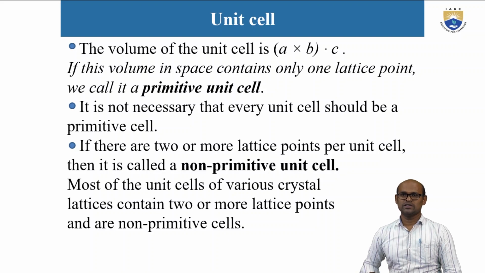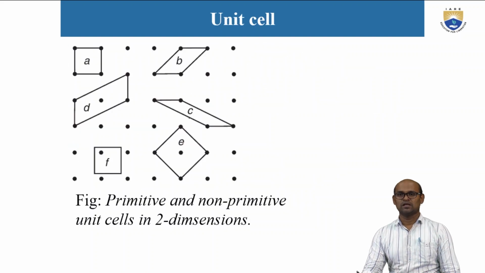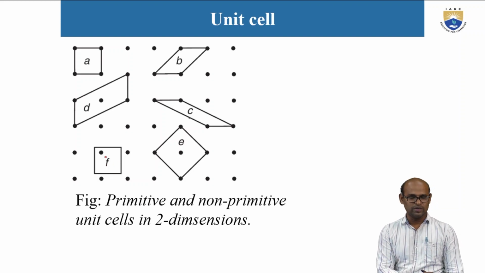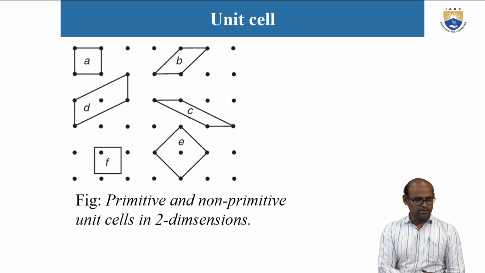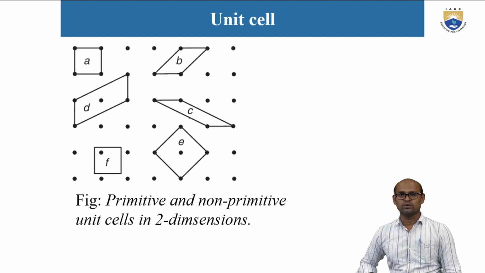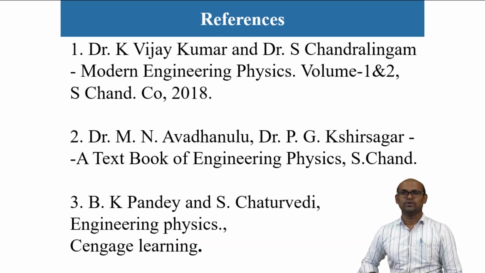If the volume of the unit cell contains more than one lattice point, then we are going to call that unit cell as non-primitive unit cell. So these are some of the examples of primitive and non-primitive unit cell.